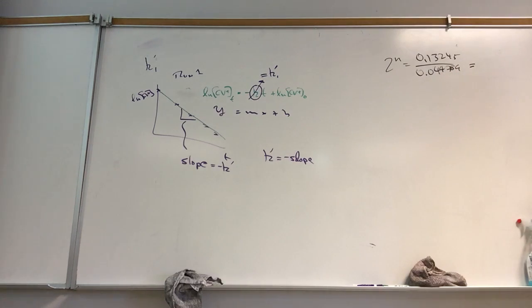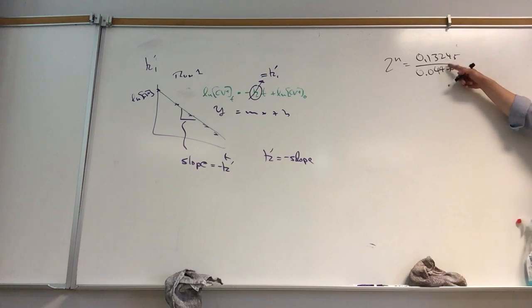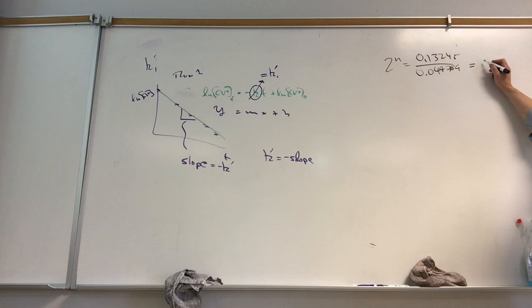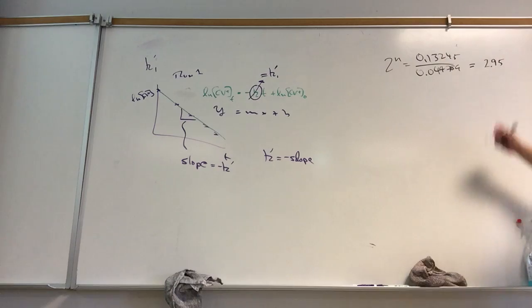So did it double or did it quadruple? Well, go ahead and take this 0.13245 divided by 0.044789, which gives us 2.95. So almost 3.